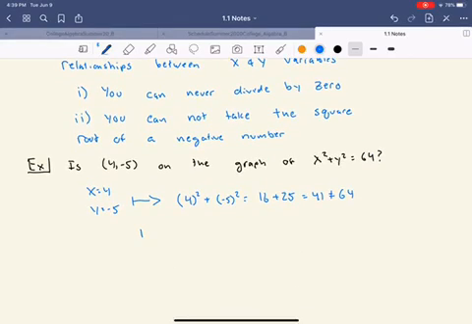So the answer is a no. 4, negative 5 is not on the graph of x squared plus y squared equals 64.